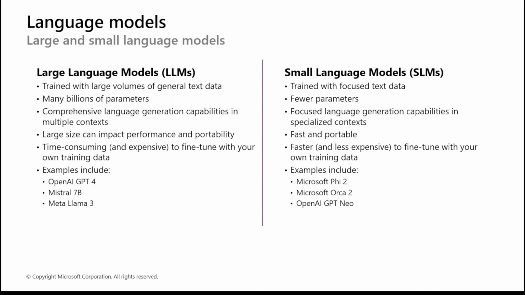Large language models are trained with vast quantities of text that represent a wide range of general subject matter, typically by sourcing data from the internet and other generally available publications. When trained, LLMs have many billions, even trillions of parameters, or weights, that can be applied to vector embeddings to calculate predicted token sequences.